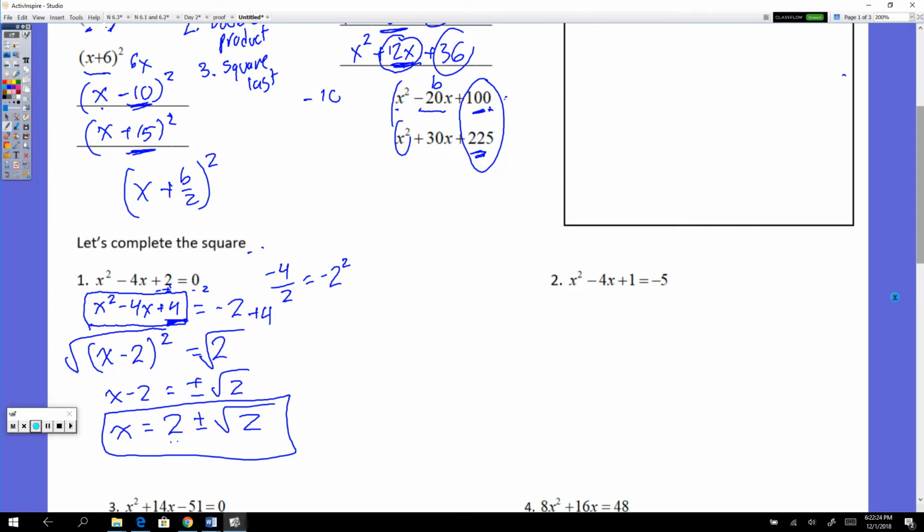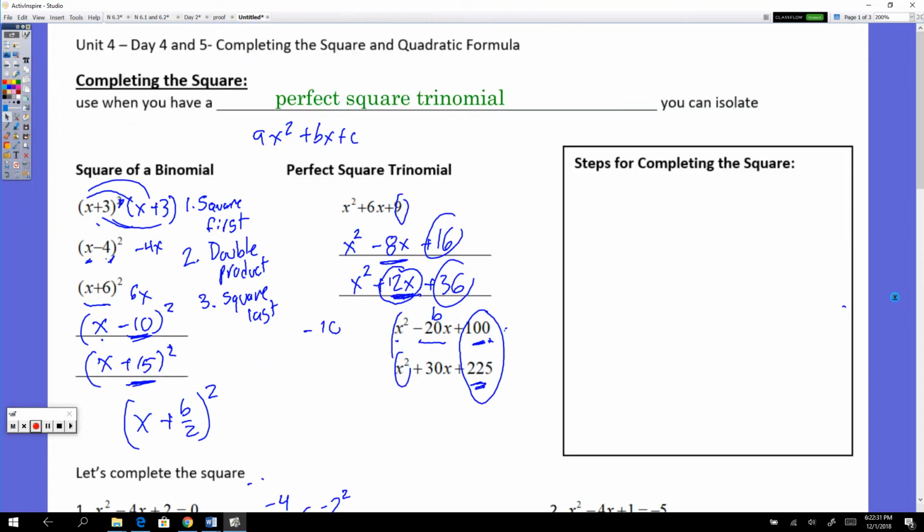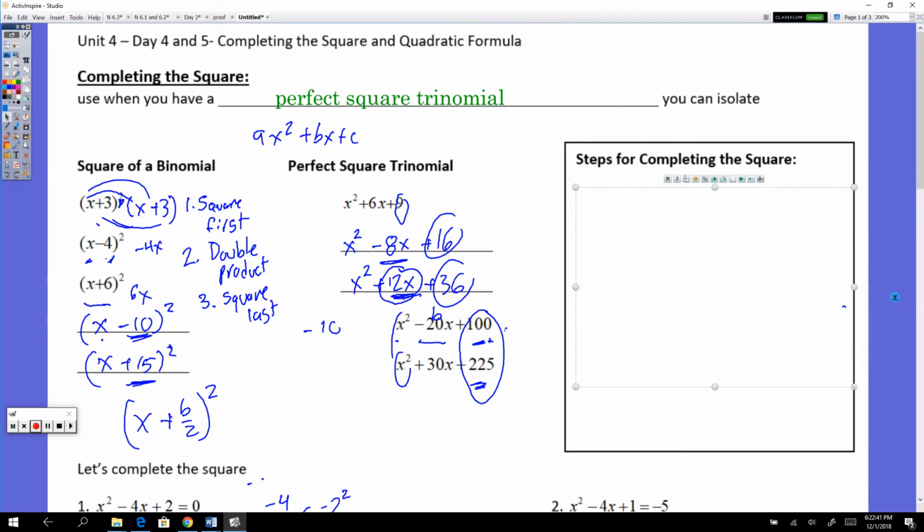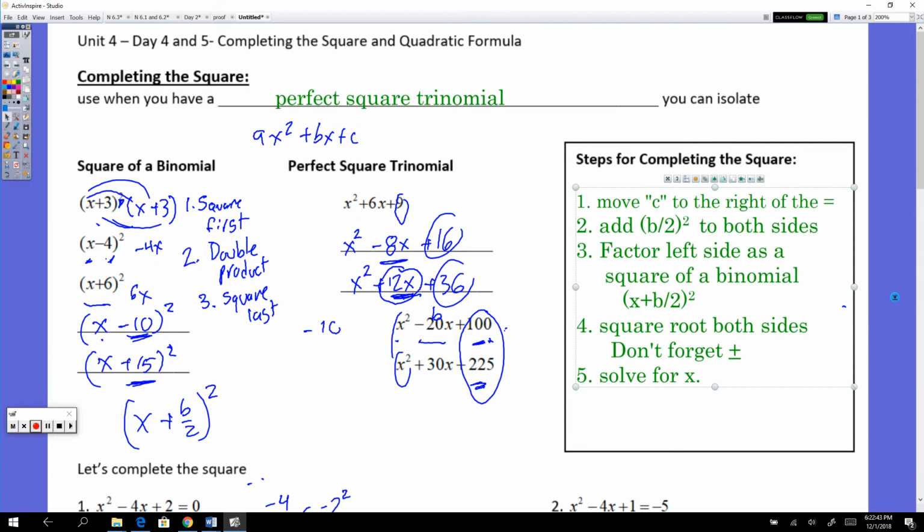So what did we just do? What are the steps to completing the square? That's what we're going to look at up here. For completing the square, here are the steps that we're going to follow. The first thing that we're going to do is move the c value to the right of the equal sign.